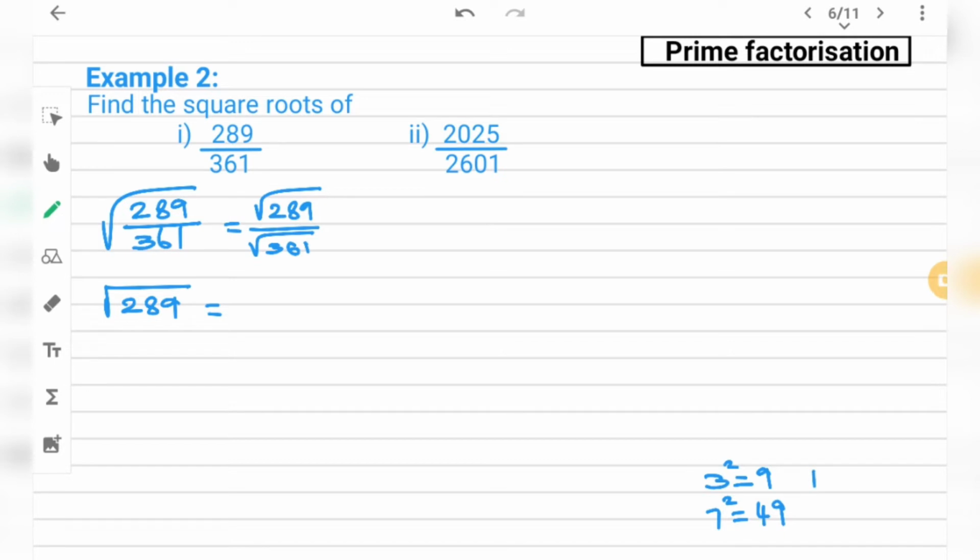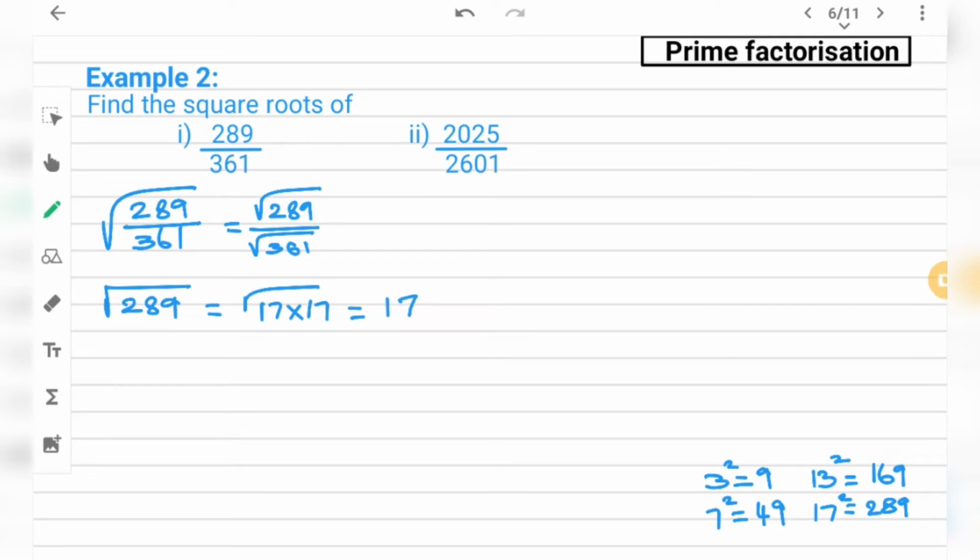And then you have to check for 13 square. What is 13 square? 169. And 17 square? 17 square is 289. Therefore, you can directly write it. Root of 289 is root of 17 into 17. That is, you can write it as 17.